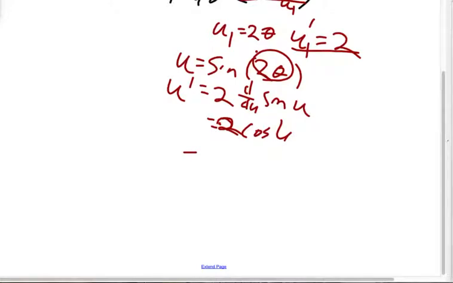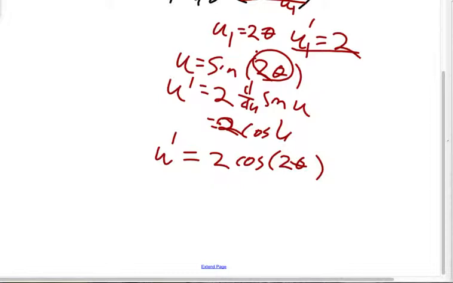And then I substitute back in for my u. So my u prime now becomes 2 cosine of 2 theta. And that's this thing inside all of this other mess that I had.